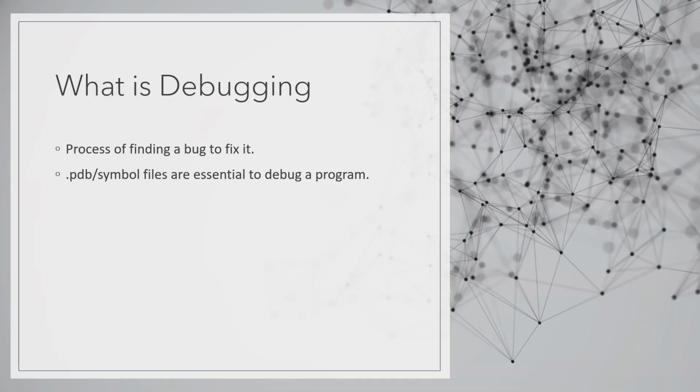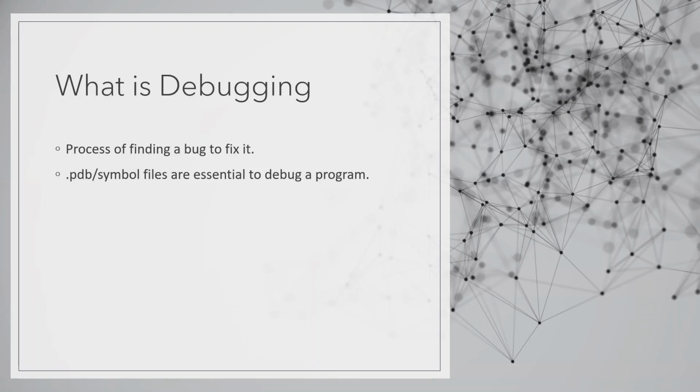Another very important component of debugging is a PDB file. We also sometimes call them symbols. Those files or symbols are very essential to debug a program. Basically, when you compile an application, it creates a DLL or an exe, right? But along with that, it also creates another file called PDB.